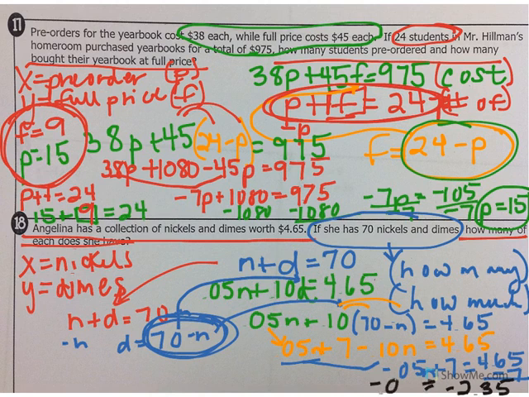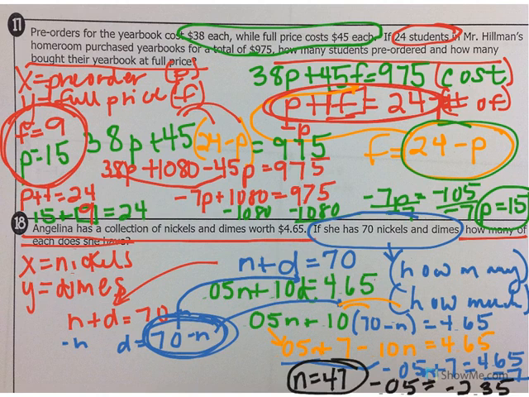And then you're going to divide by the 0.05. And that should give you that n equals 47, because when you divide a negative by a negative, you get a positive.